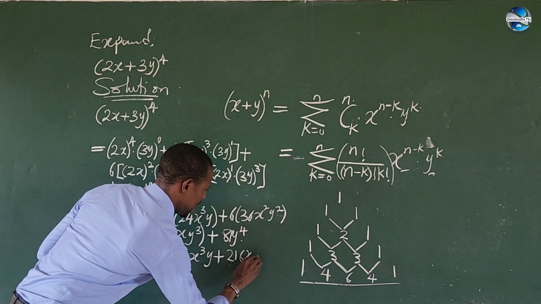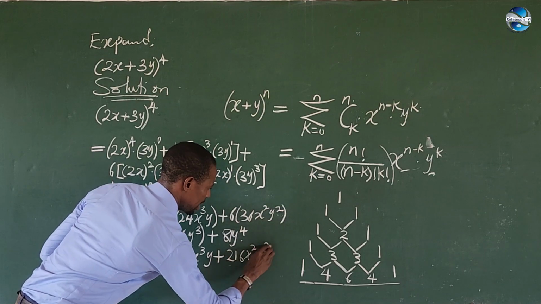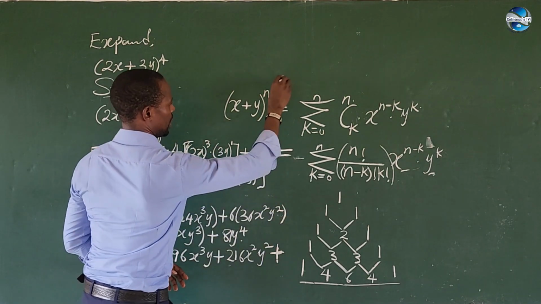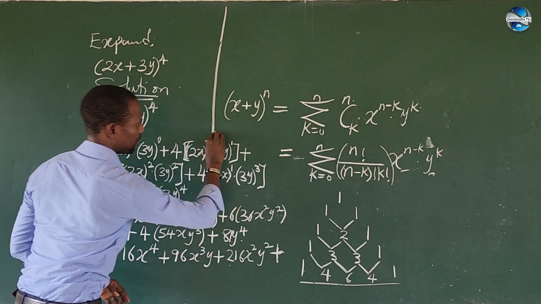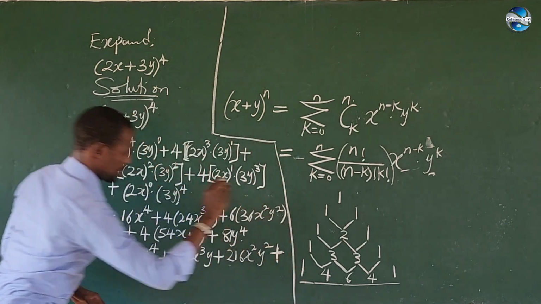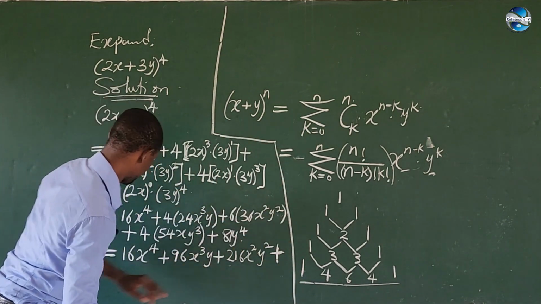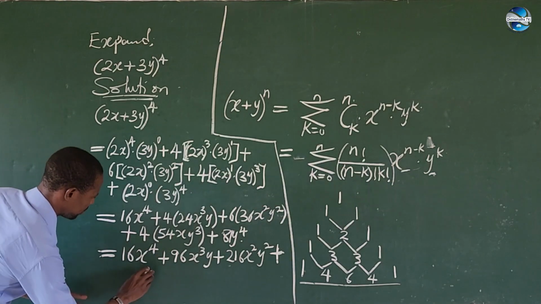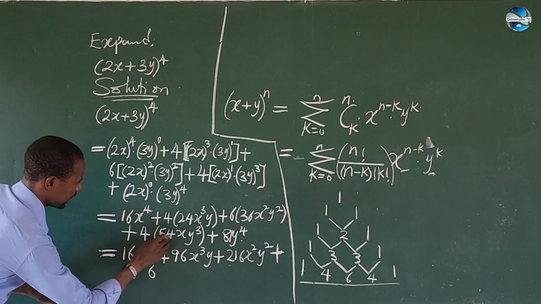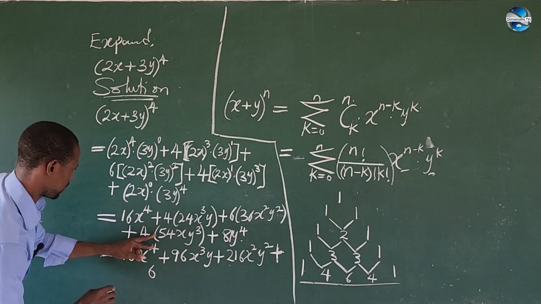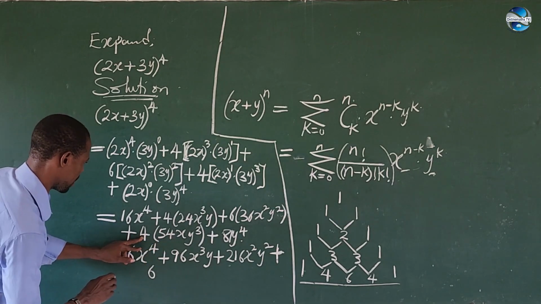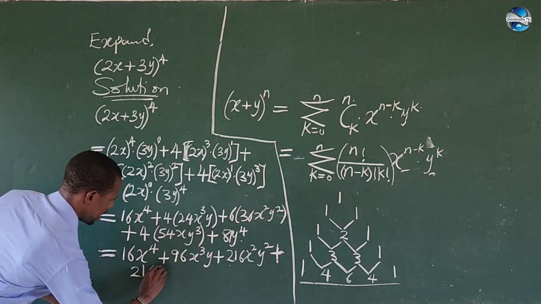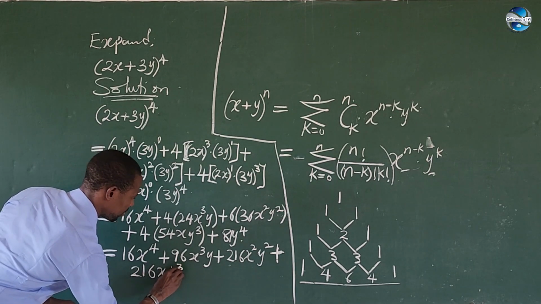So we have 21x squared y squared plus, okay, let me rub this out so that you don't get confused with x. So we've done this, we come to this term here. 4 times this will give us 16, then here we have 20, so 21xy to the power of 3.